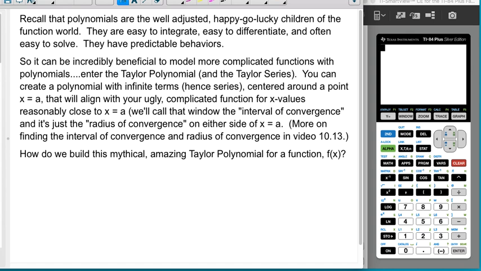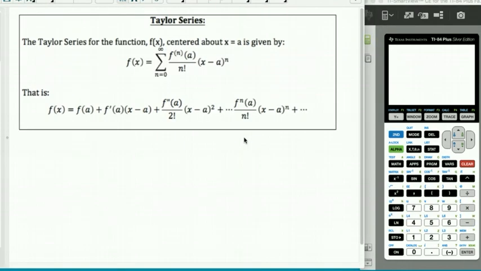So how do we build this mythical, amazing Taylor polynomial for some function f of x? To build a Taylor series from scratch for a function f of x, this is the formula we use. We're going to start an infinite sum starting at n is 0. We're going to use the nth derivative of the function evaluated at some center, x equals a, over n factorial times x minus a raised to the n.